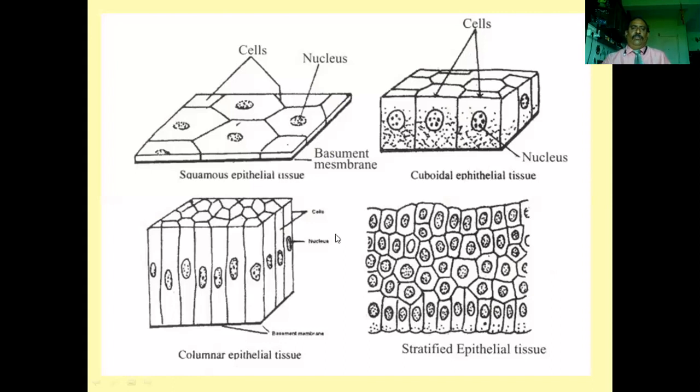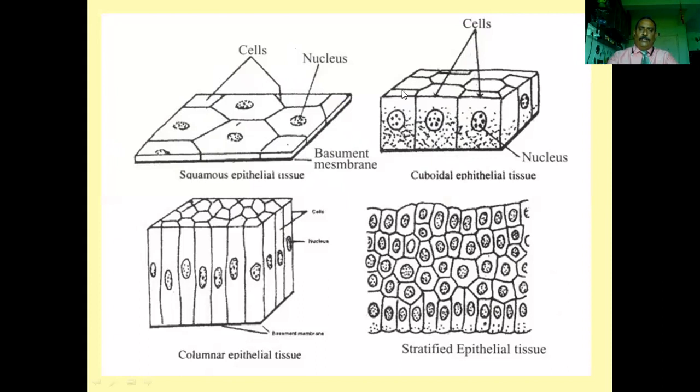Okay, so I just want to explain this with images. These are the cells, and this is the nucleus. This is the basement. This is the squamous cells, so it's like flat cells.